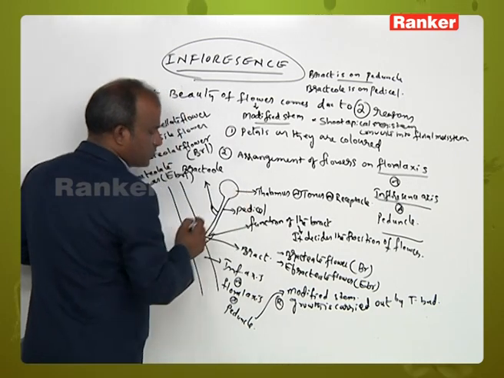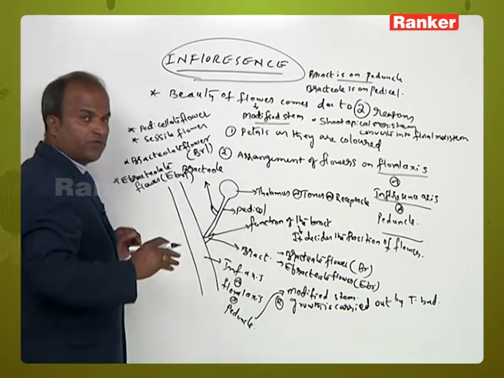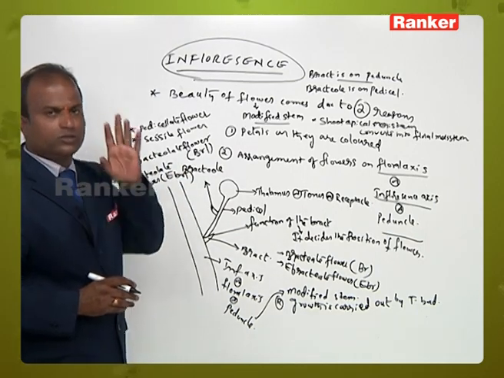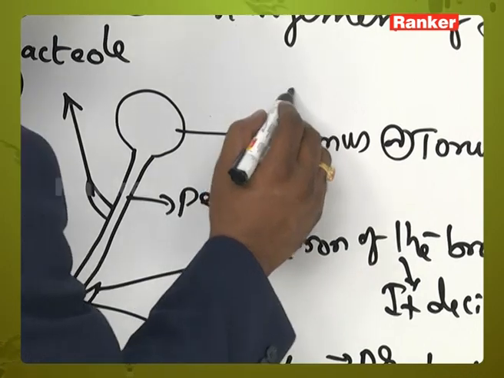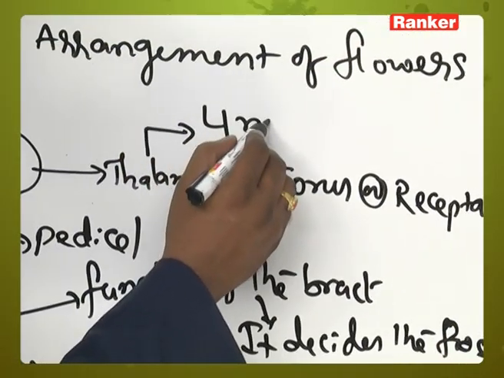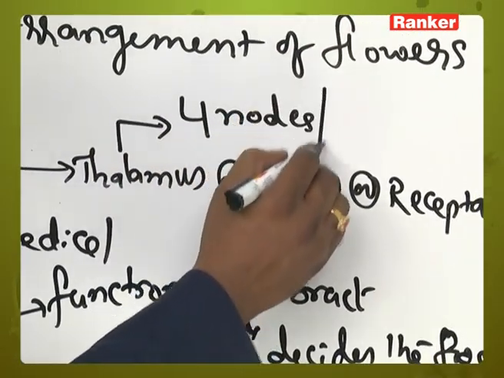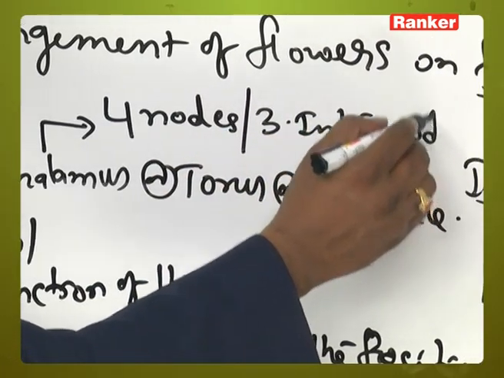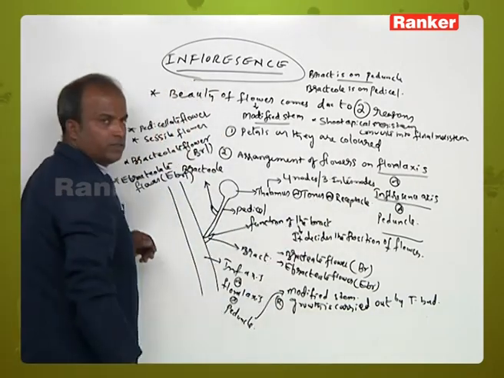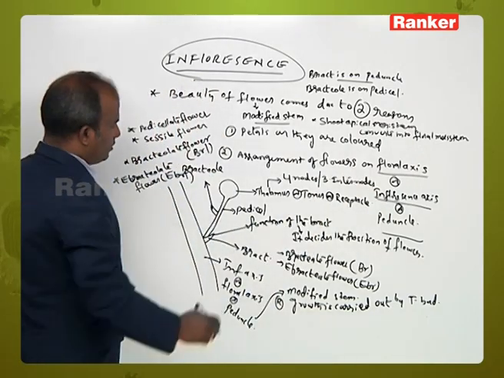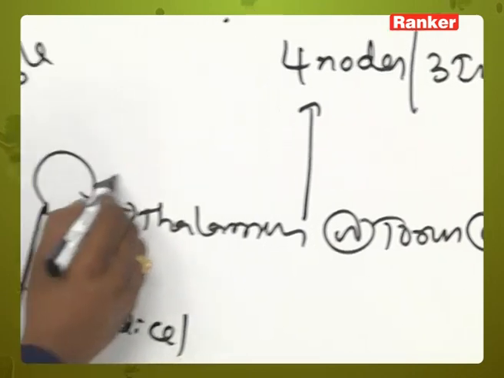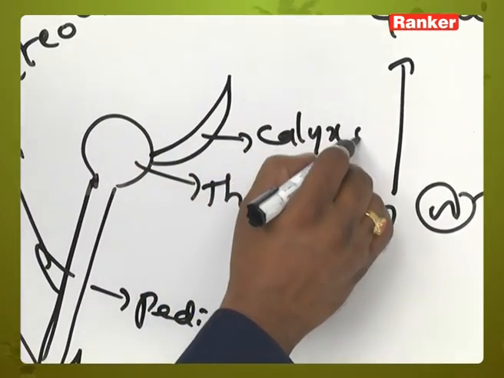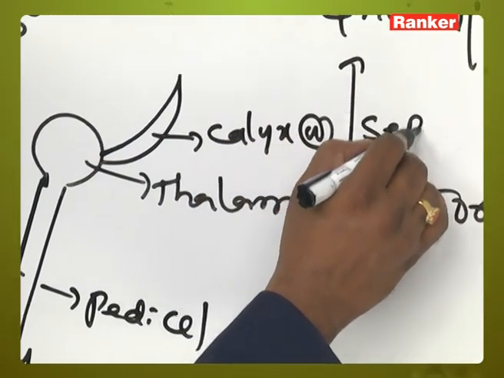That means this thalamus is differentiated into how many nodes and how many internodes? Thalamus is differentiated into 4 nodes and 3 internodes. First node is occupied by calyx, in floral whorl called sepals.